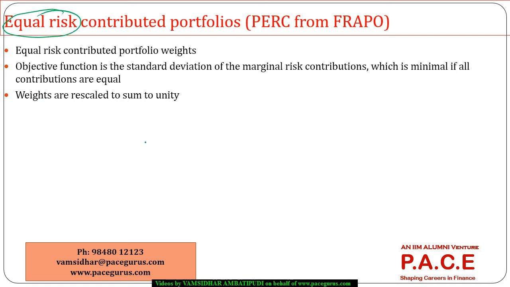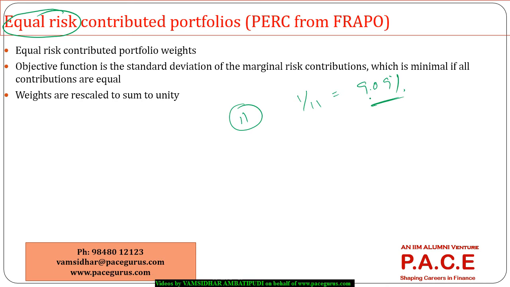Here we have some sectors contributing more to the overall risk of the portfolio, whereas some sectors are contributing less. Now I have 11 sectors, right? If I say each sector's contribution should be equal, it's 1 by 11, so approximately 9.09% should be the typical contribution of each sector to the overall portfolio risk.